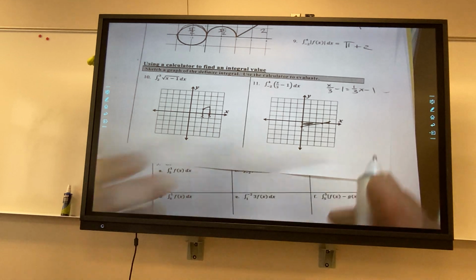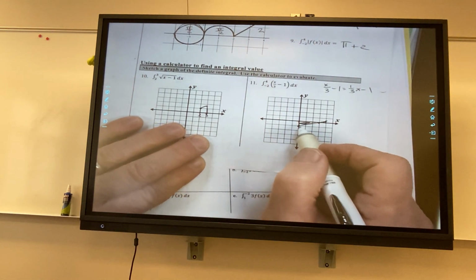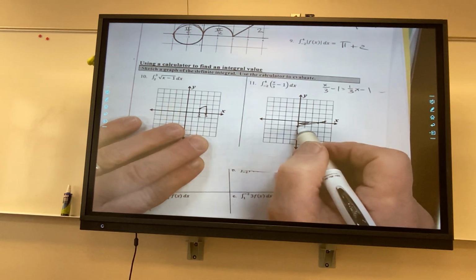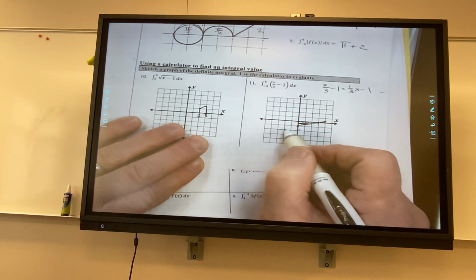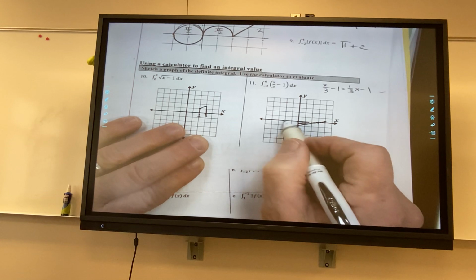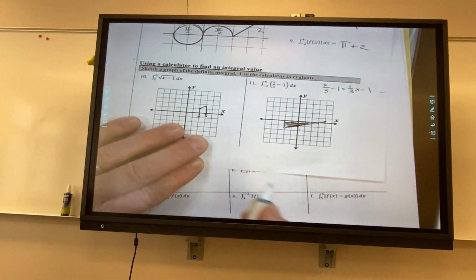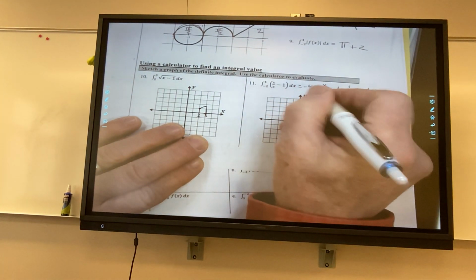Oh, and I didn't go far enough, I wanted to go to a -2. Yeah, make sure you go to a -2. -4 is our answer. Everybody get -4? Got -4, you did well on your calculator.